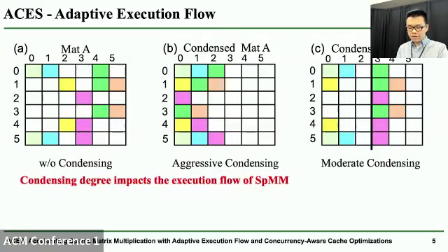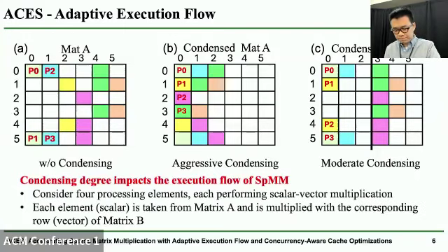We observe that different condensing degrees can impact the execution flow of SPMM. For example, consider there are 4 processing elements, each processing 1 scalar vector multiplication, where each scalar comes from matrix A and is multiplied with the corresponding row, the vector of matrix B. We can observe that different condensing degrees can provide various execution flows.